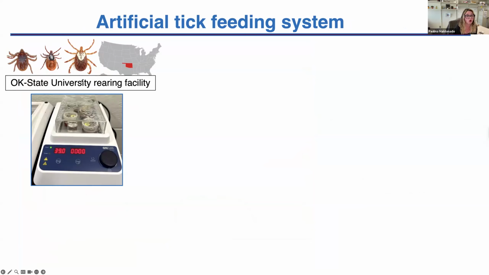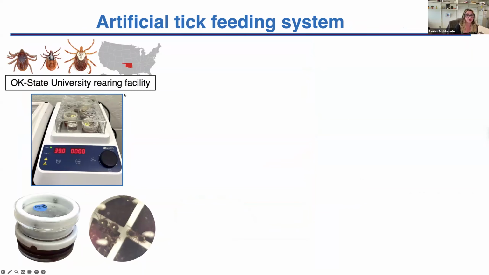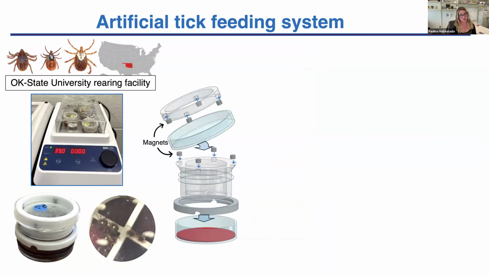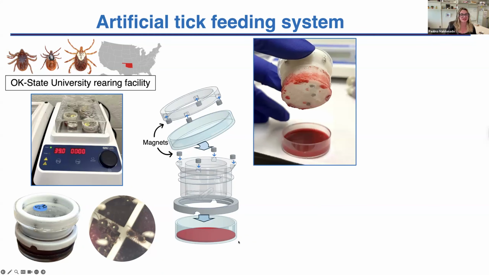We used all from the tick rearing facility, and we used an artificial feeding system that we designed in our lab, where we put the ticks in here. We used a 3D printer, and this is kind of a fancy exploded model that I want to take the opportunity to brag a little bit about, that we do in the lab without the need of using animals for feeding.